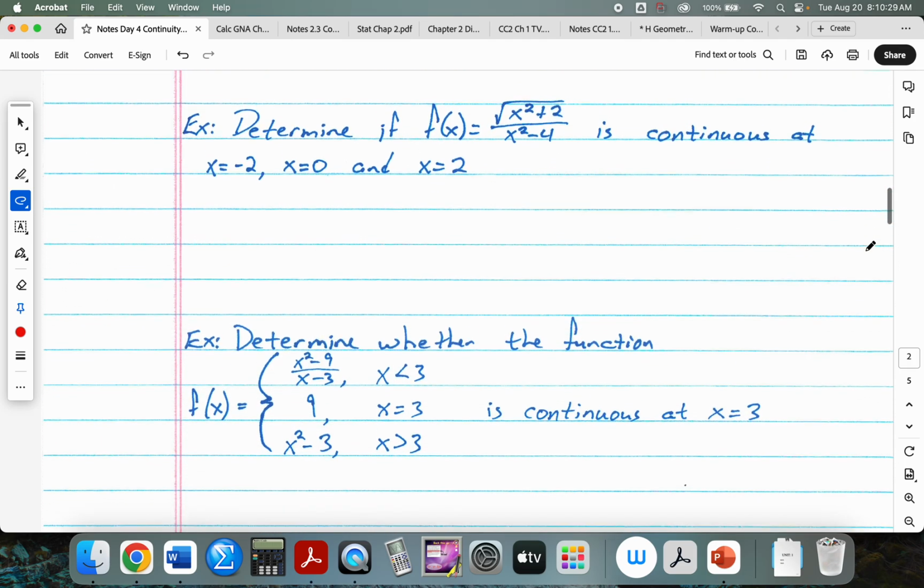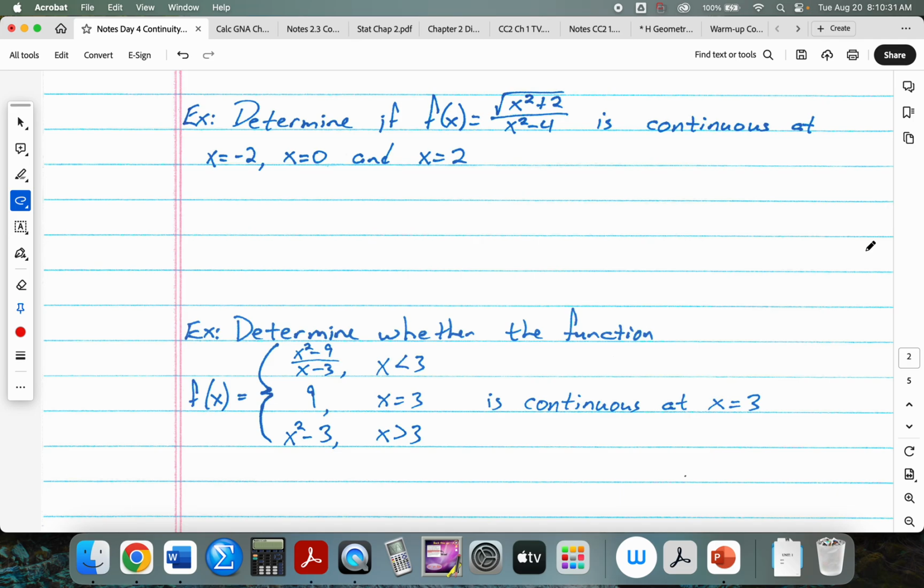So let's take a look at this one. Let's determine if f of x is equal to the square root of x squared plus 4 over x squared minus 4 is continuous at the following three points. Starting with -2, f of -2.